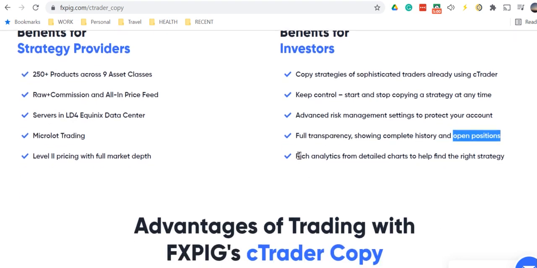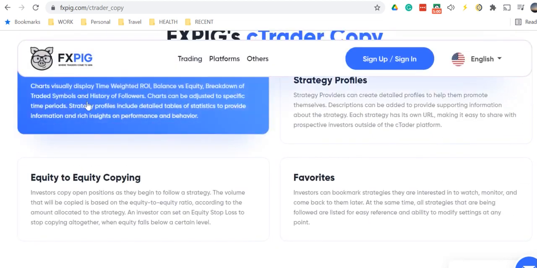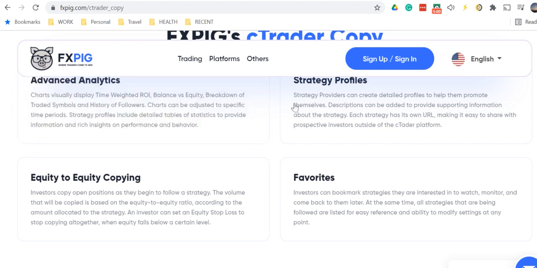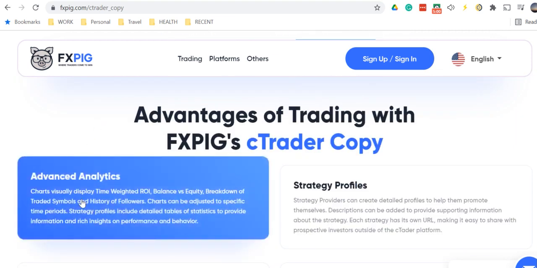And they've got good analytics, which I'll talk about in a second. They talk about the advanced analytics: you can look at the return on investment, balance versus equity, and the history of followers, and adjust the time period. So this is a good service in terms of the analytics.